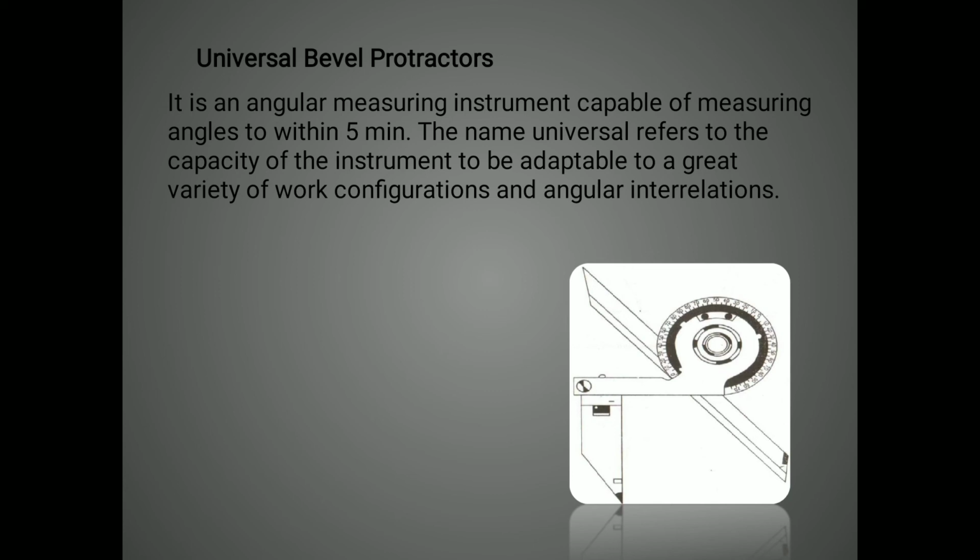The name universal refers to the capacity of the instrument to be adaptable to a great variety of work configurations and angular relations. You can see it is given with acute angle measurement as well as the conventional setup.